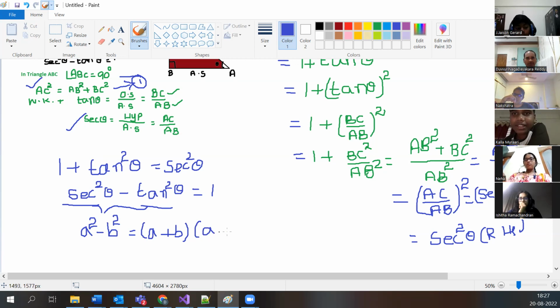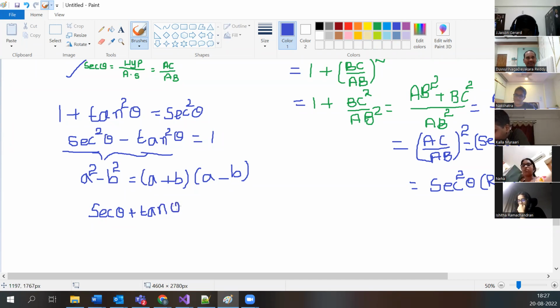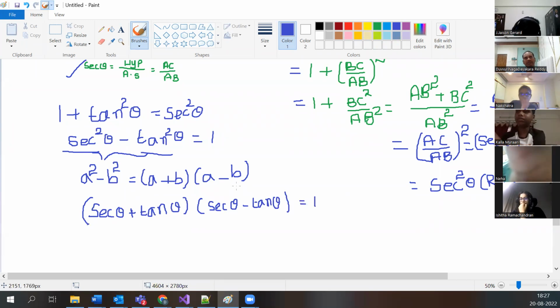You won't get a square. It is secant theta plus tan theta into secant theta minus tan theta. Right? Please note down: secant theta plus tan theta into secant theta minus tan theta equal to 1. Left hand side, we have written something like this.